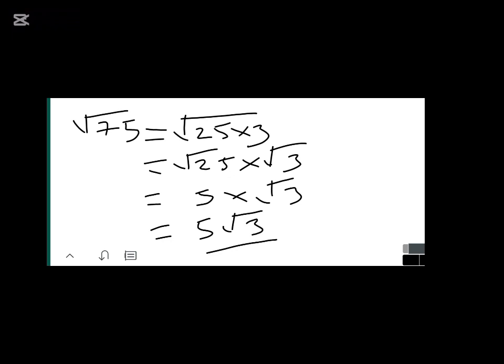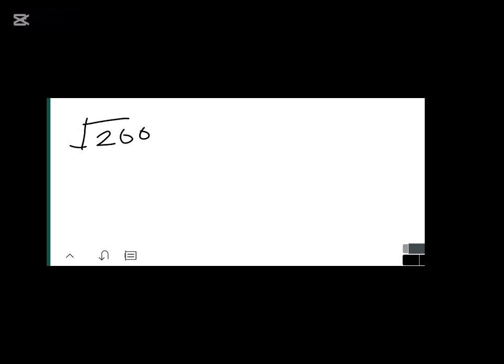Simple. Let's take our last example. Let's take square root of 200. As usual, we think about two numbers that, when we multiply, we get 200. When I multiply 100 times 2, I get 200. Of course, let's write them differently. You can write this as square root of 100 multiplying square root of 2.